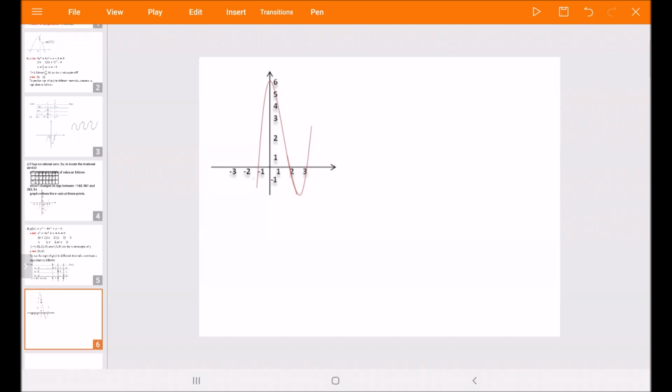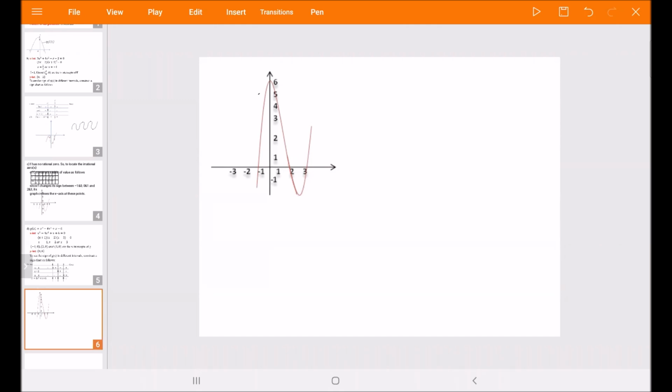And between minus 1 and where the graph crosses the y-axis, it remains positive. And this is the point it starts to turn back. Then it crosses the x-axis at 2. Then there is a peak, I mean a valley. We don't know the exact value of x between 2 and 3 where this valley is obtained.